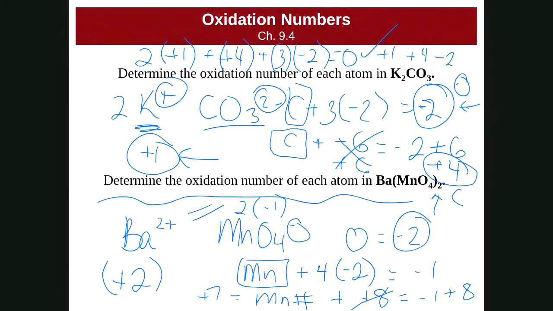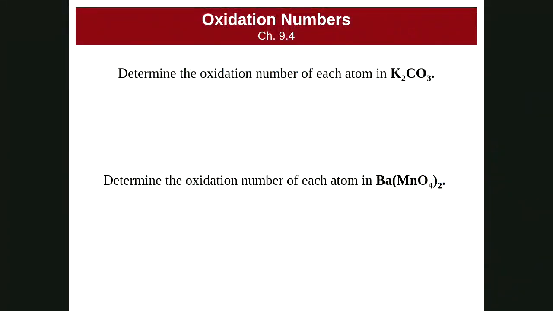All right. So let's just double check. I'm going to erase here to see. Let's just double check that it adds up to 0. So we have 1 barium. So that's +2, we think, because it's a 2A element. And we're adding it to a +7 for manganese, but there's 2 of those. And we're adding it to 8 because we have a subscript of 4 on the permanganate ion for oxygen and a subscript of 2 for the whole ion.